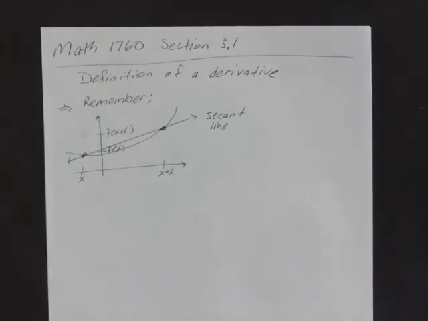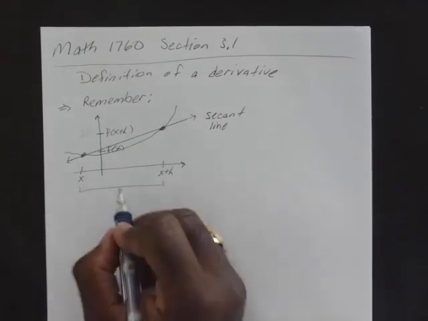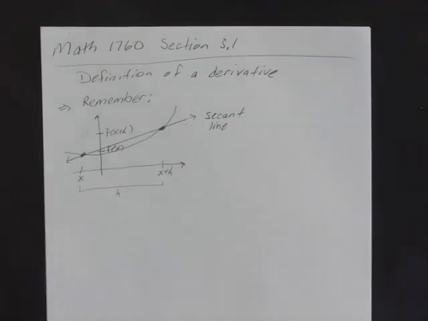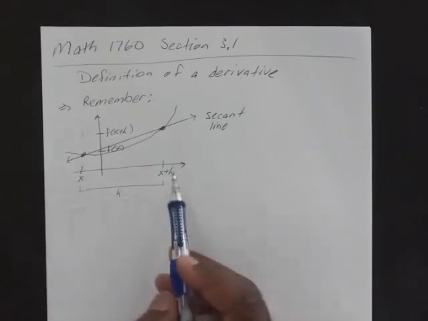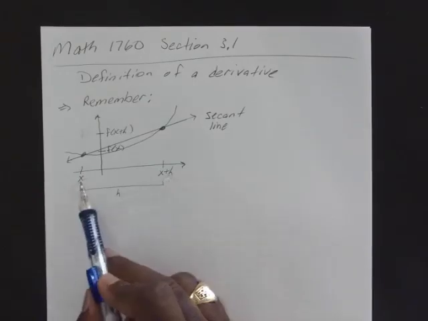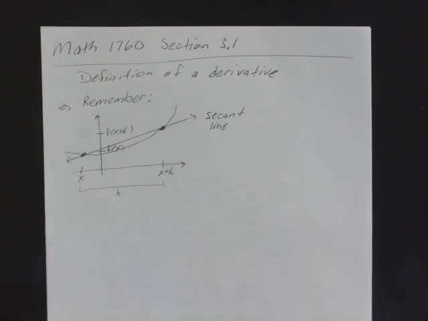We went over this in a little bit of detail in the review section, where the distance between these 2 points is just h. So you can always think about just regular numbers. Let's say x is equal to 5 and x plus h is equal to 8. This is just 5 and 5 plus 3, which is 8. So that distance is always going to be that h.